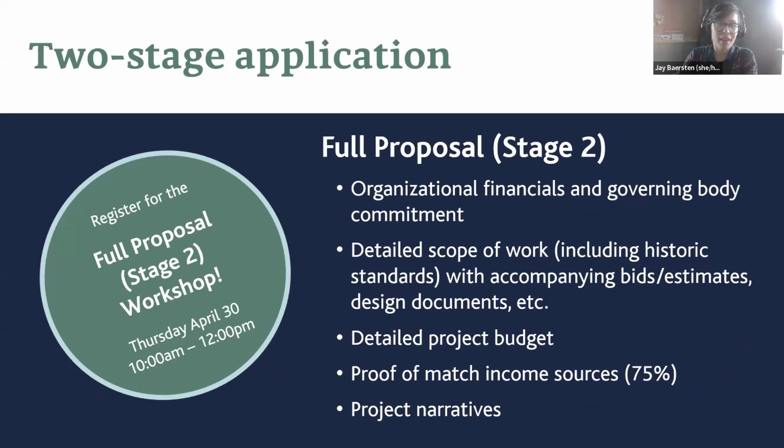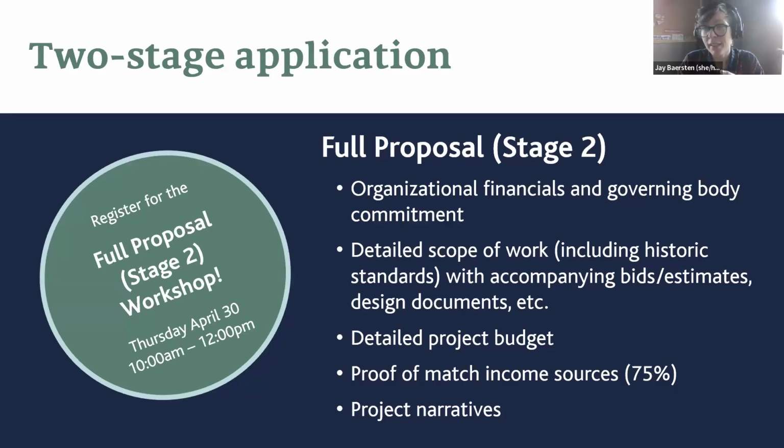Then we will have, on April 30th, an in-depth workshop about stage 2, which is more traditionally what you think of as the full grant proposal. So more information about your organization, such as financials. We require a signed and approved commitment from your governing body, whether that's a board of directors or a city council, depending on your organization.